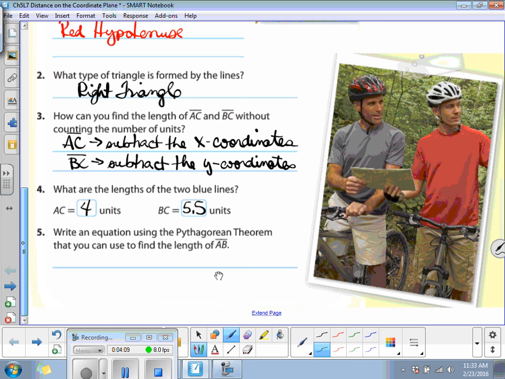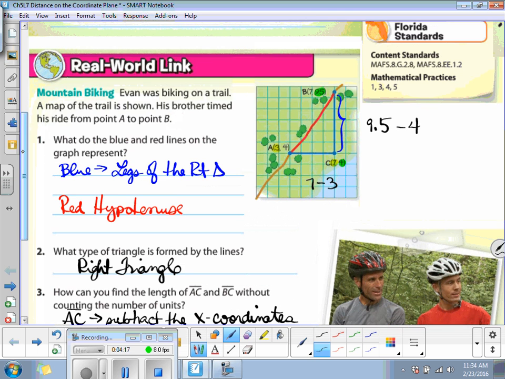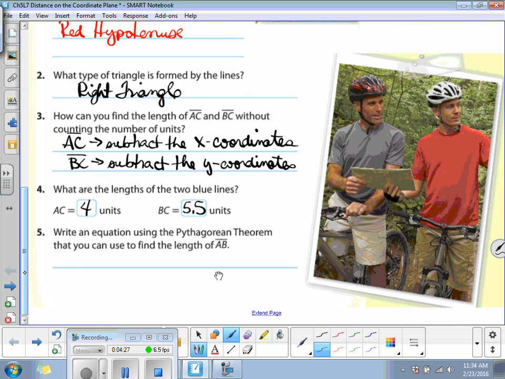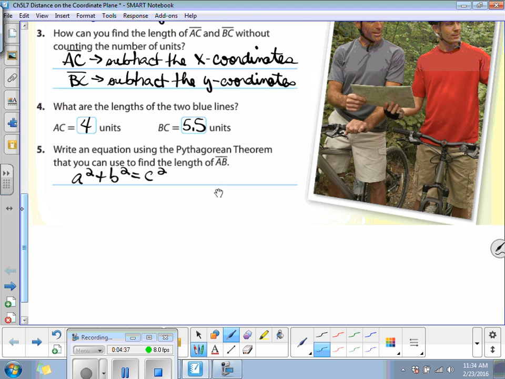Now we want to write an equation using the Pythagorean theorem that we can use to find the length of AB. AB is the red one right there. Okay? So we're going to use a squared plus b squared is equal to c squared. And the equation that we would write would be 4 squared plus 5.5 squared is equal to c squared.